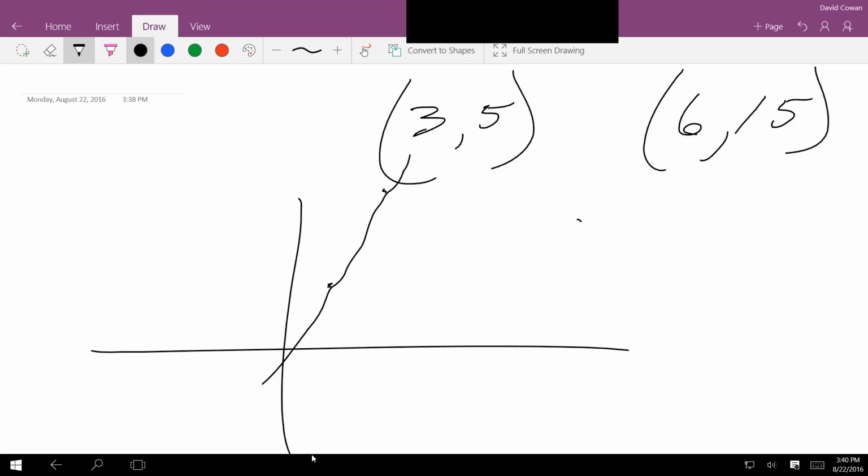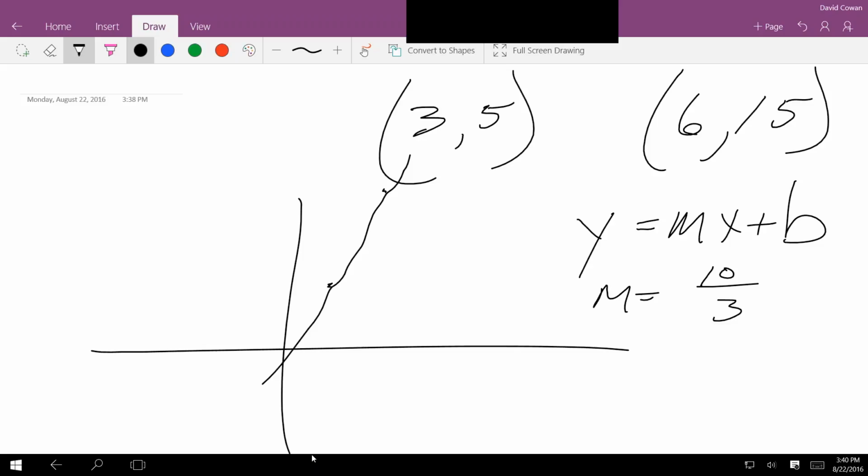Y equals mx plus b. What's the next step? Finding the slope, which is y2 minus y1 over x2 minus x1, which in this case would equal 10 over 3. So you'd have y equals 10 over 3 x plus b.